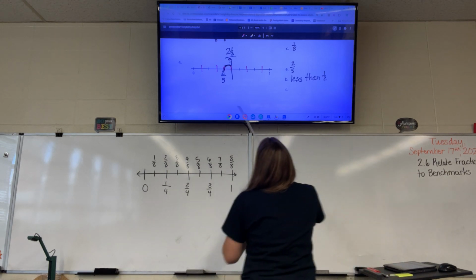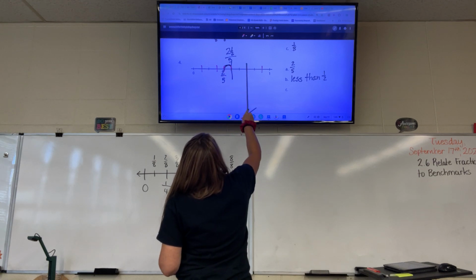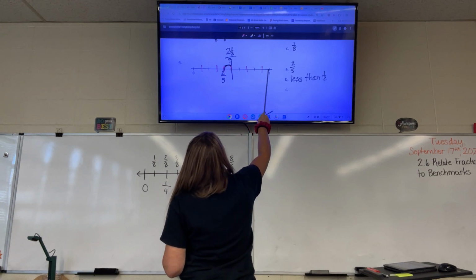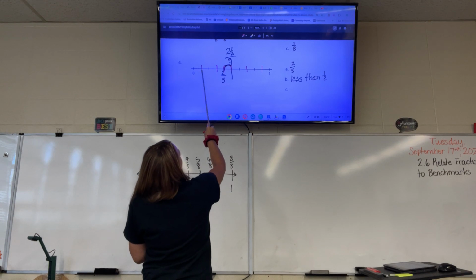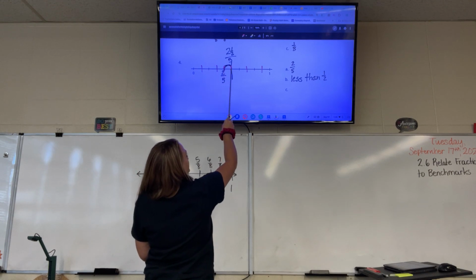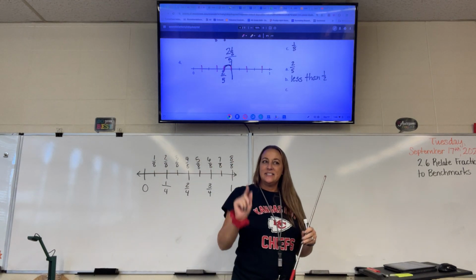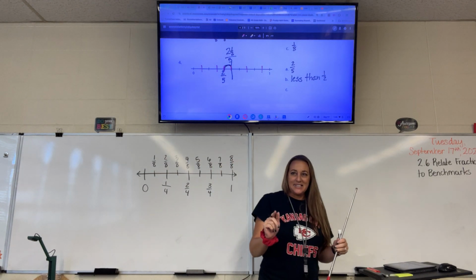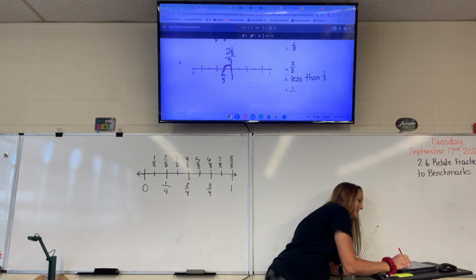I have 1, 2, 3, 4, 5, 6, 7, 8, 9, 10. So if I look here, this is 1/10, 2/10, 3/10, 4/10, 5/10. So the difference is 1/10. Does that make sense? I know it's complicated.